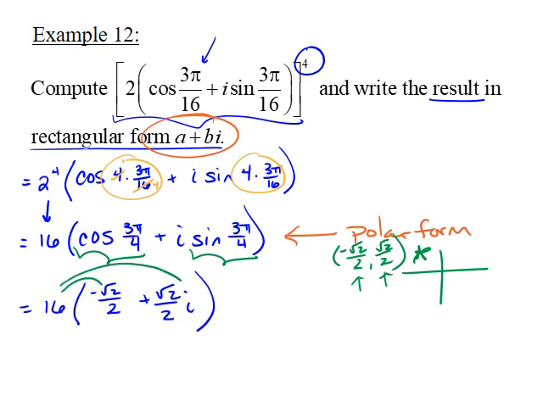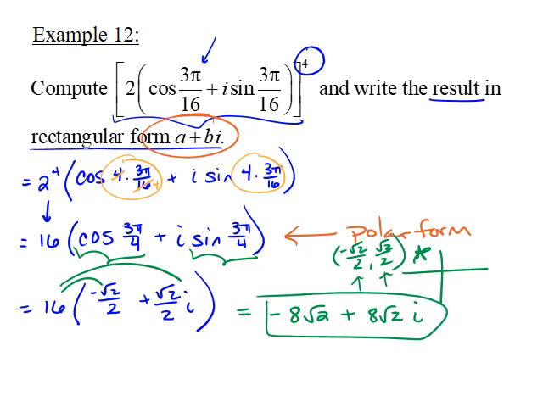Once I distribute this 16, my rectangular form becomes negative 8 root 2 plus 8 root 2 times i. And that is the final answer. Let's try another one.